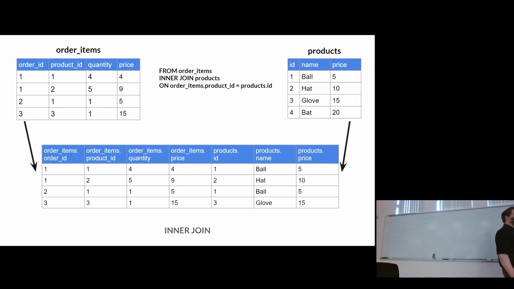And I only want to keep those rows where the product ID on here matches up with the ID over there, right? Rather than that full cross join, I just want the ones that match up. Cool. And so then the ones that match up are just these, just 4 records.